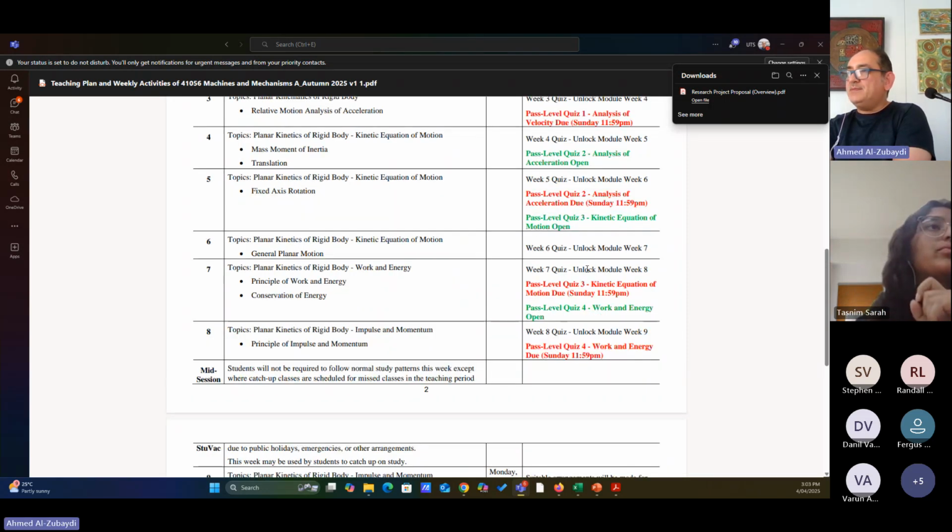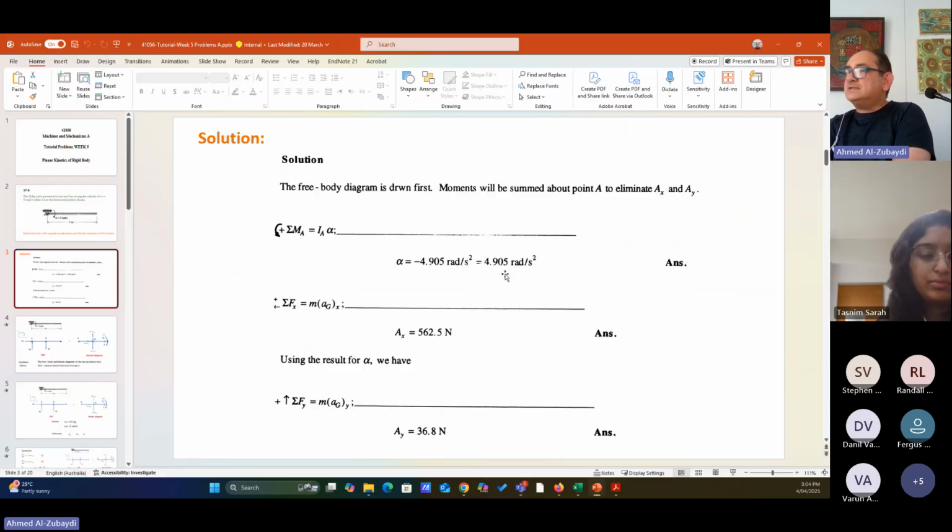This one is going to be mainly about weeks 4 and 5. And the next one, general motion and kinetic equations of motion, is going to be the next 2 weeks, 6 and 7. So we're going to cover 4 and 5.